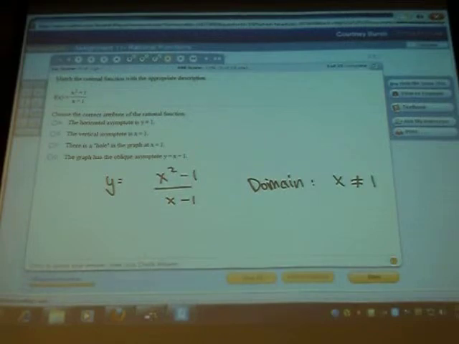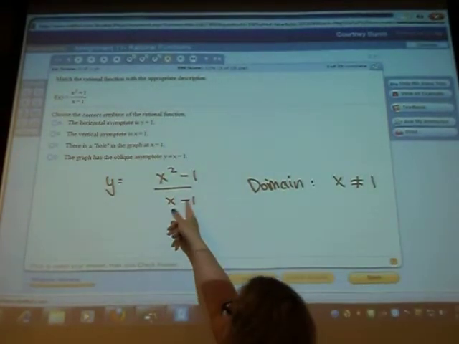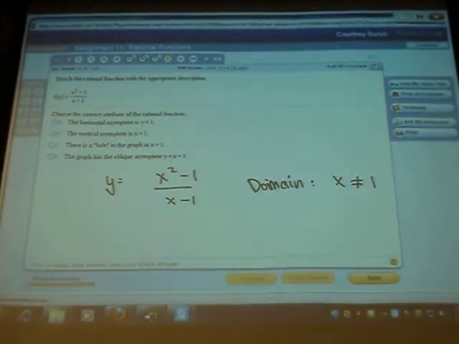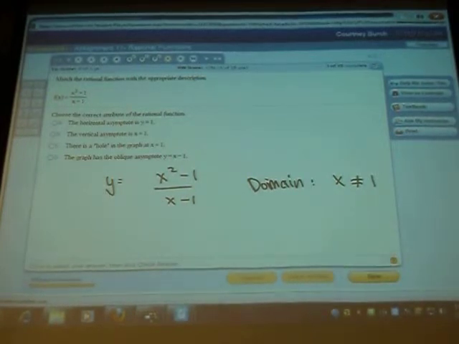Because if I put in 1 on the bottom, I would get 1 minus 1 equals 0. Now, normally, that excluded point would be a vertical asymptote.